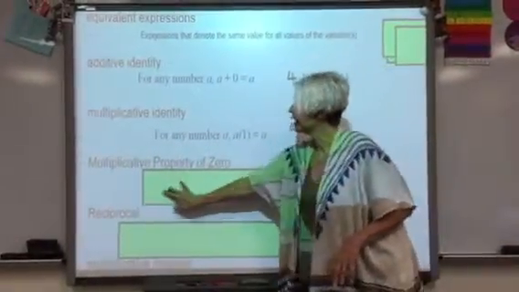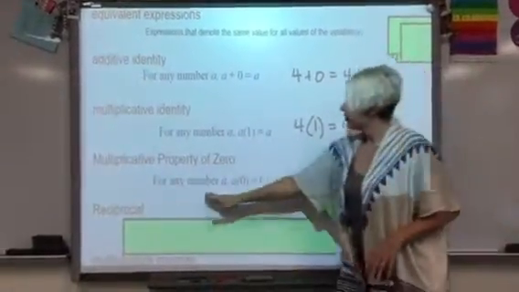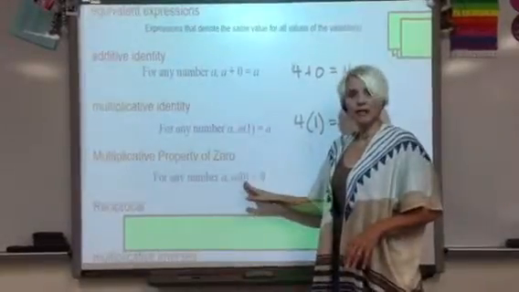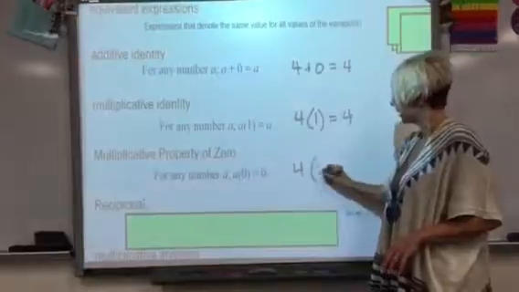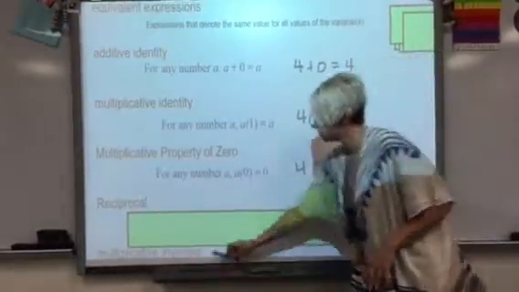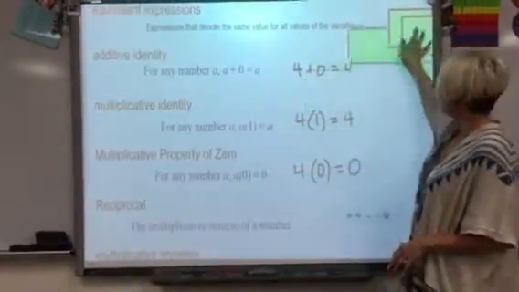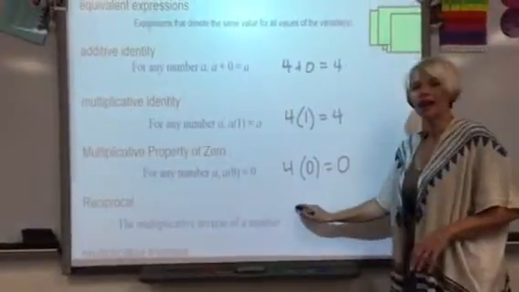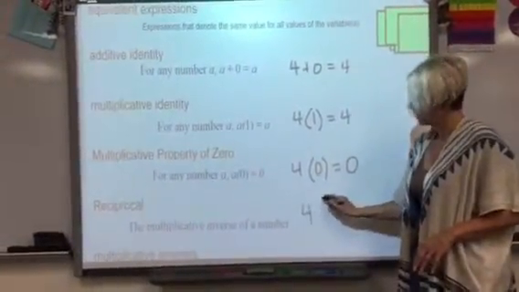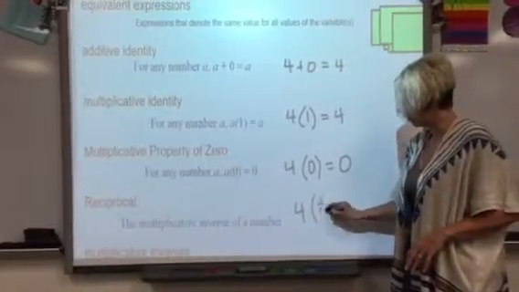And then we have the multiplicative property of 0. For any number, if I multiply it by 0, I get 0. So any number, if I take 4 again, times 0 would be 0. Reciprocal is the multiplicative inverse of a number. So if I have 4, the multiplicative inverse would be 1/4.